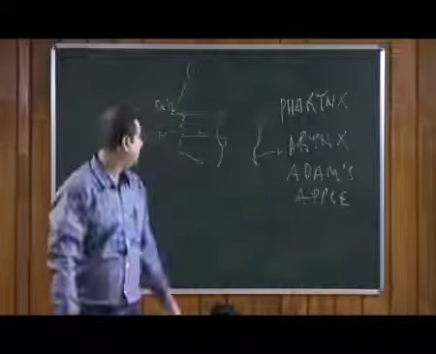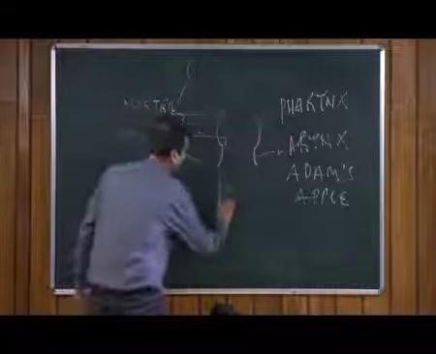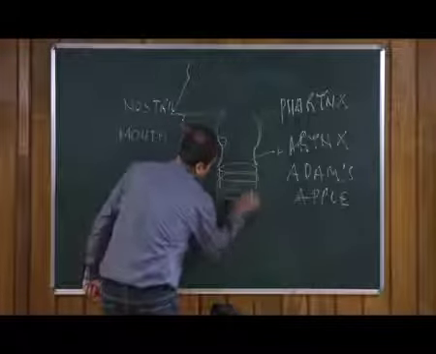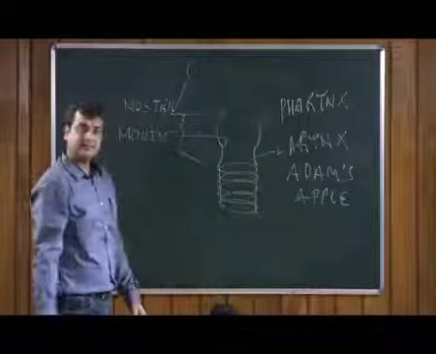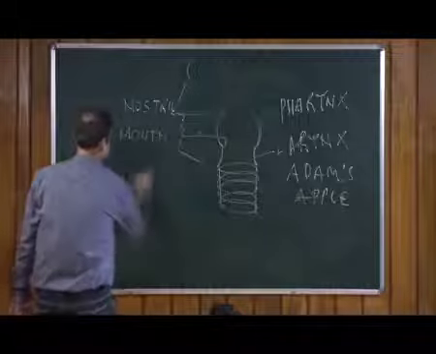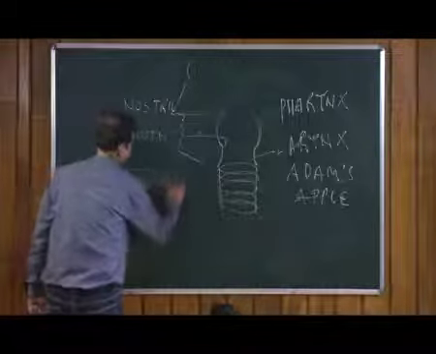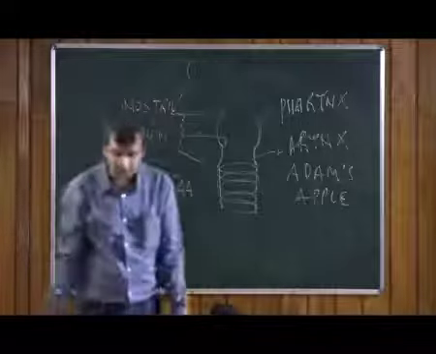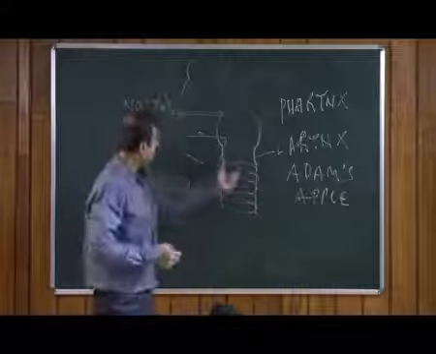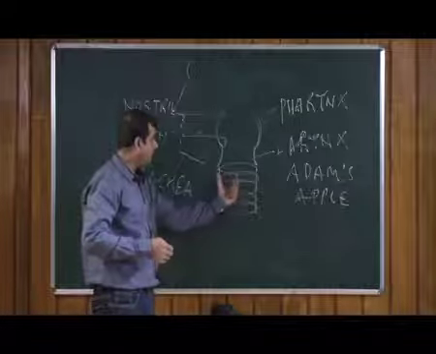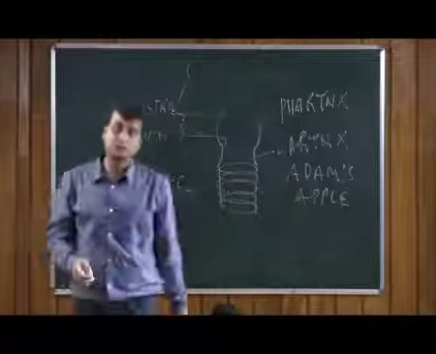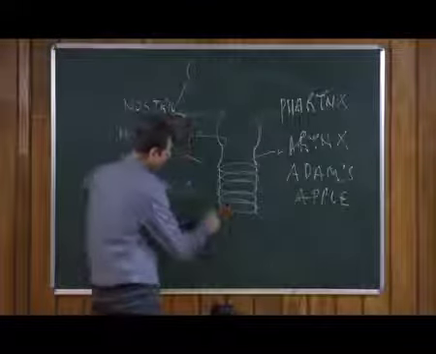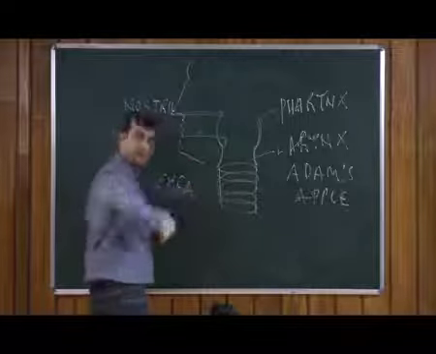The larynx continues into a cartilaginous structure with a round ring-like structure, which is called the trachea. The trachea is another cartilaginous structure which gives passage to the gaseous material. This trachea, at the level of the fifth rib.